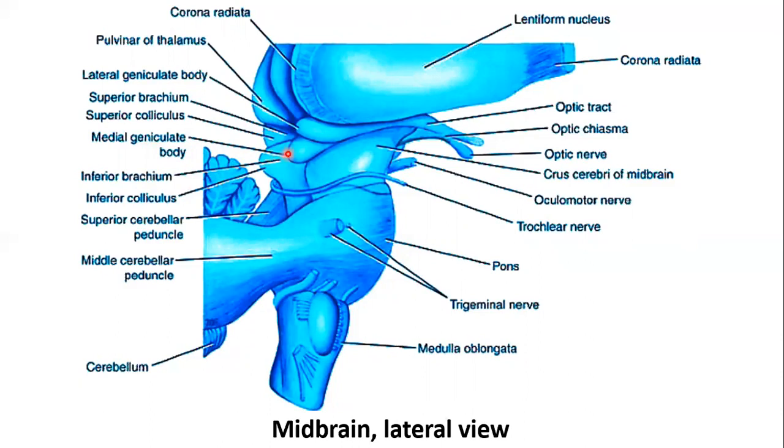Then I tell you this inferior colliculus has the center for auditory reflexes, the auditory activity. The auditory center is involved in this inferior colliculus, and this goes to the inferior brachium and the medial geniculate body.